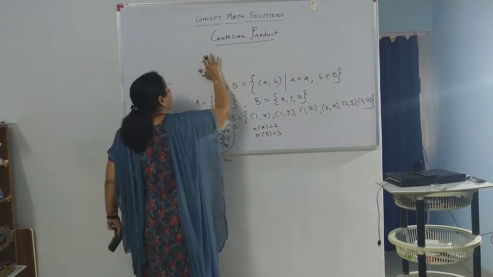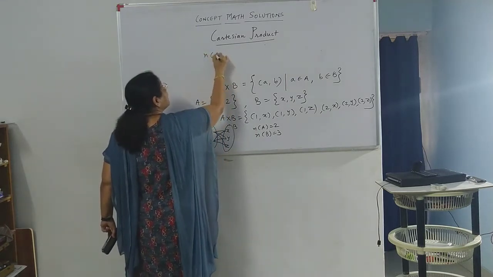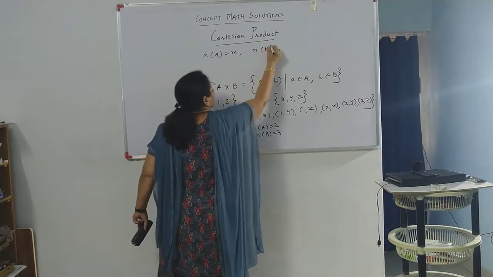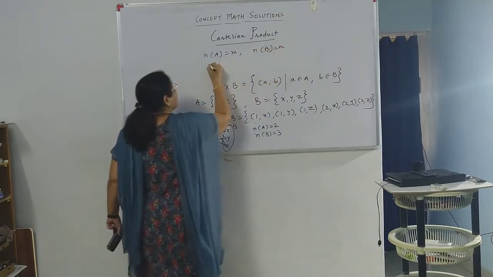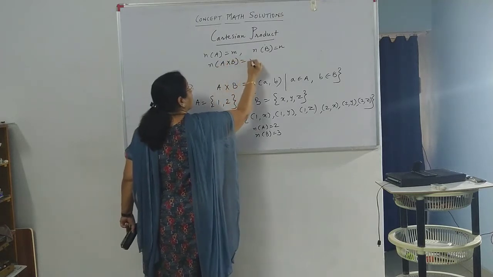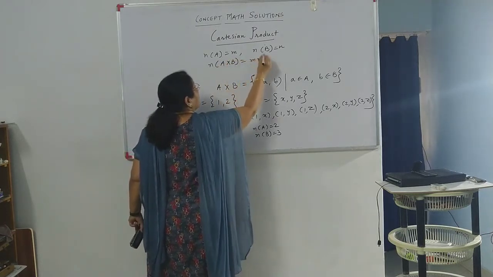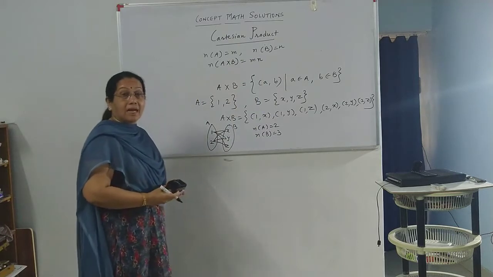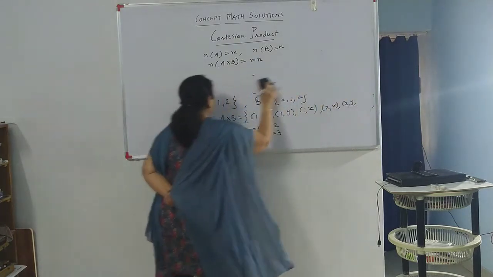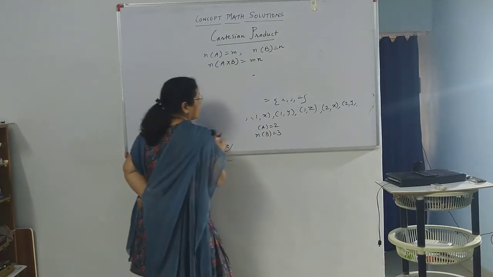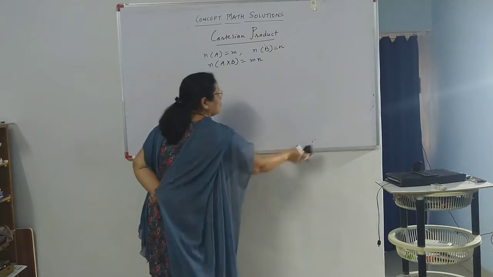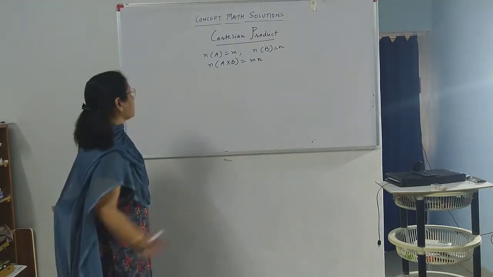So if the number of elements in A is, say, m, and the number of elements in B is, say, n, then the number of elements in A cross B will be m times n. That many elements.